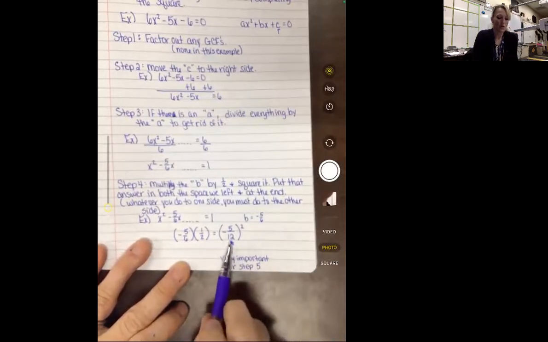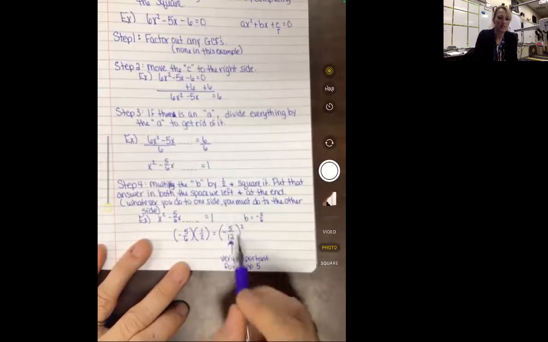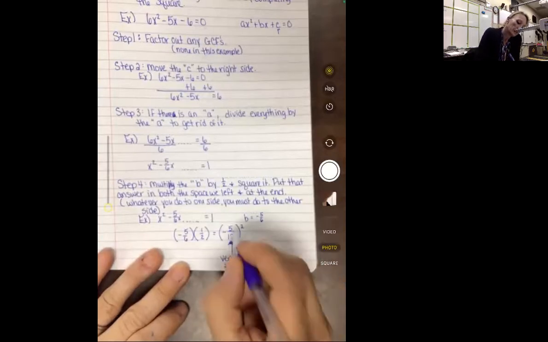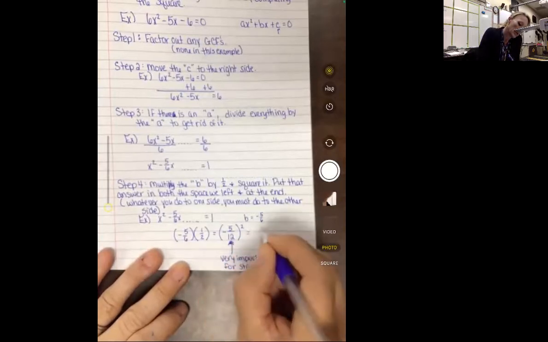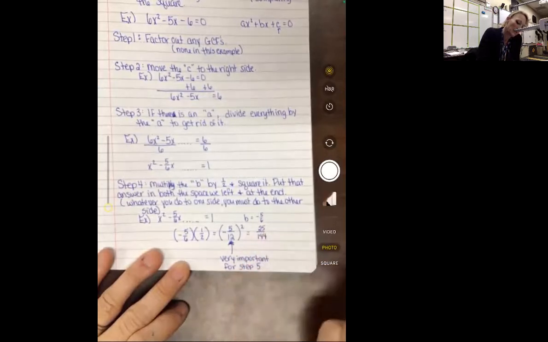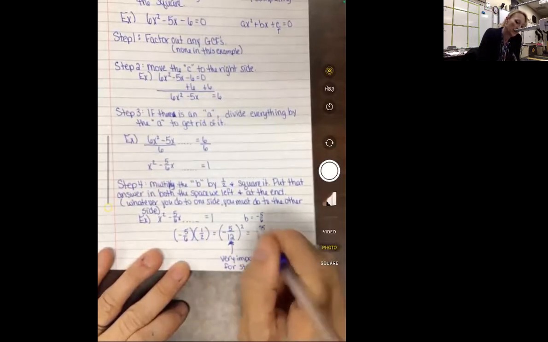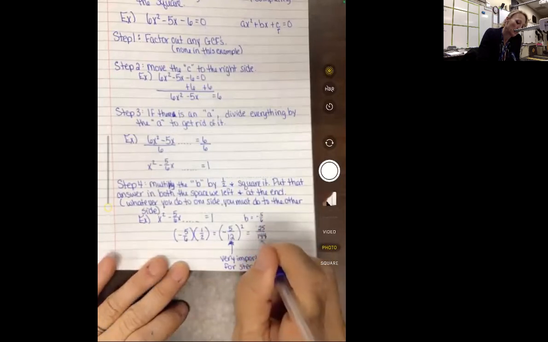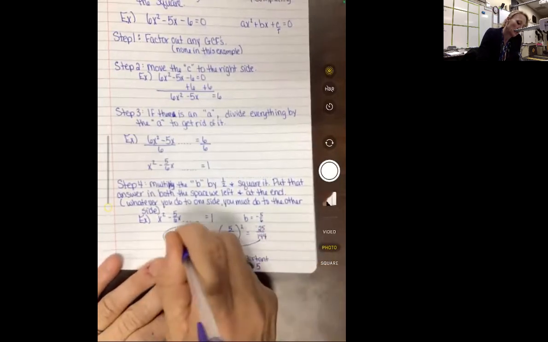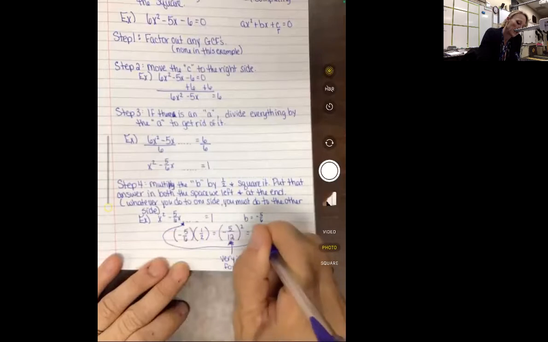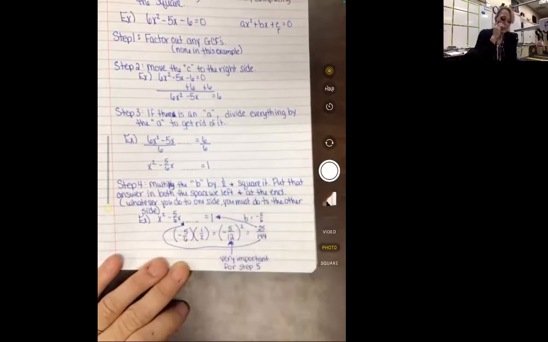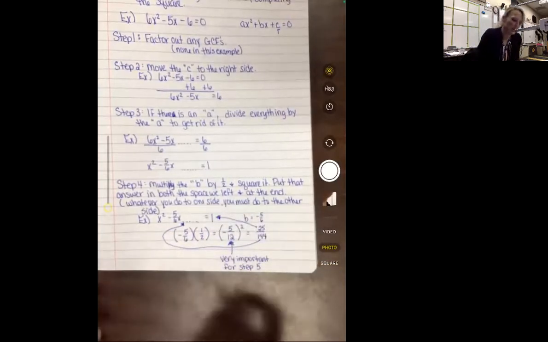So we don't want to just do this in our head and not worry about it, because this number needs to be shown because we're going to use it in the next step. So if we square this, we are going to get a positive 25 over 144. We have to take that number and put it in both our space and at the end, because whatever we do to one side, we have to do to the other side.